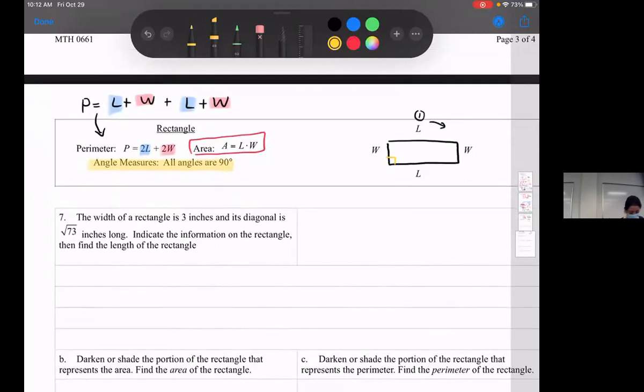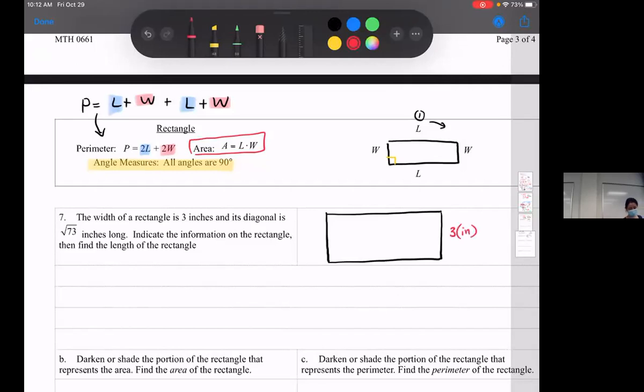The width of a rectangle is 3 inches and its diagonal is square root of 73 inches long. Before I do that, I'm going to draw a rectangle here. Oh, I want it bigger. The width is 3 inches, so right here, 3 inches.